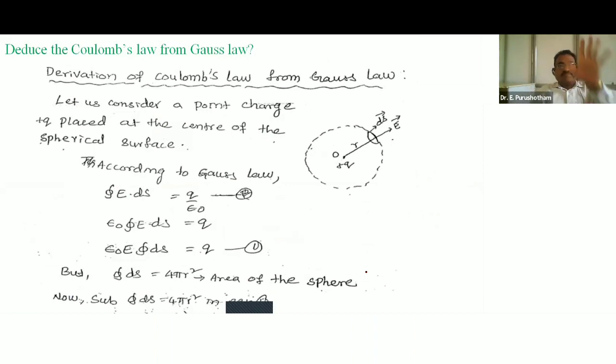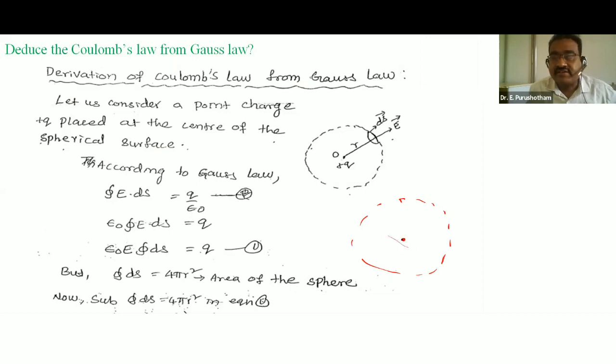Deduce Coulomb's law from Gauss law, or derivation of Coulomb's law from Gauss law. Let us consider a spherical surface. This is the spherical surface, and this is the center.